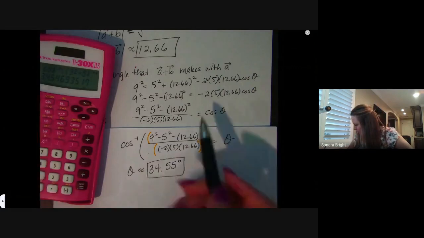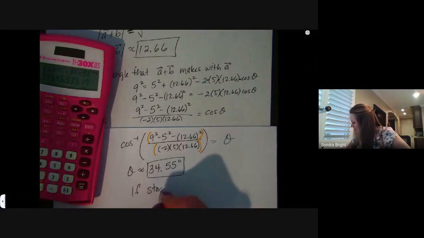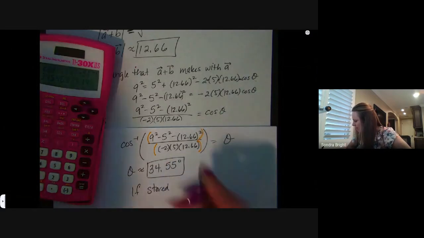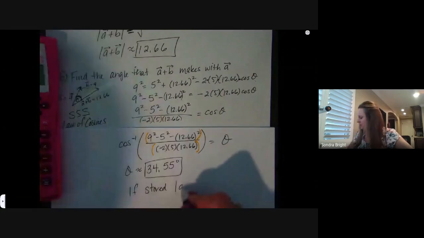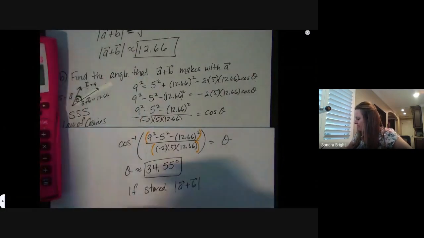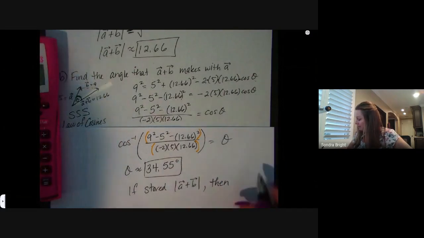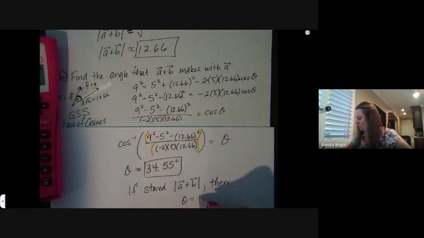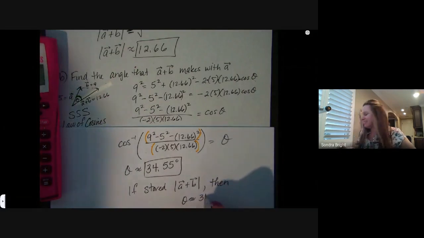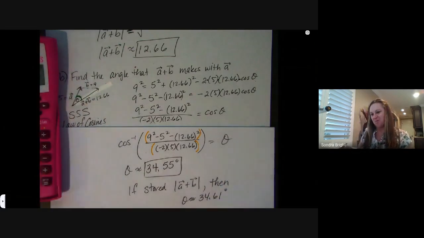If you had stored the A plus B value and used that, then your theta is actually off by a tenth. Theta would be about 34.61 degrees. So there. I'm teaching you a good lesson on why you should definitely store your values.